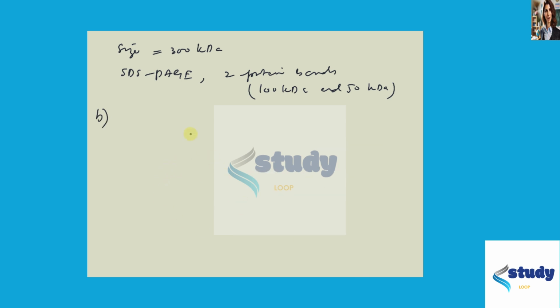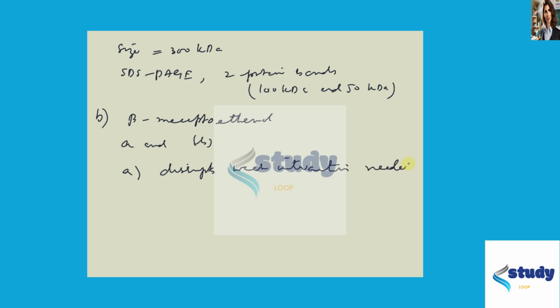Another question asked is, what is the function of beta-mercaptoethanol? And the correct options are option A and option B. Option A is disrupts weak interaction needed for tertiary and quaternary structure.